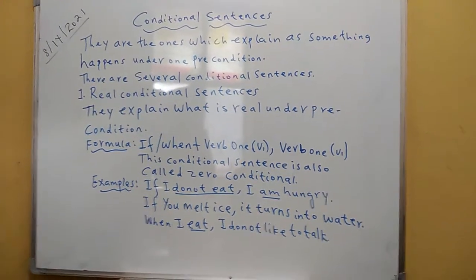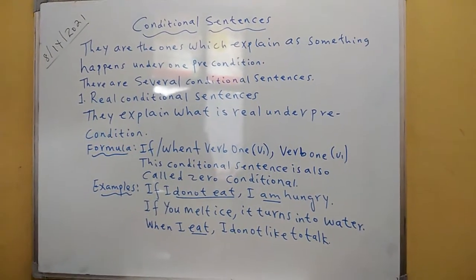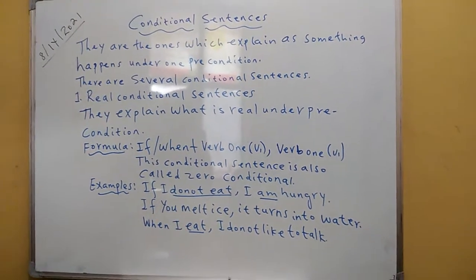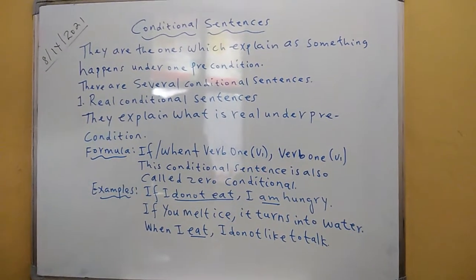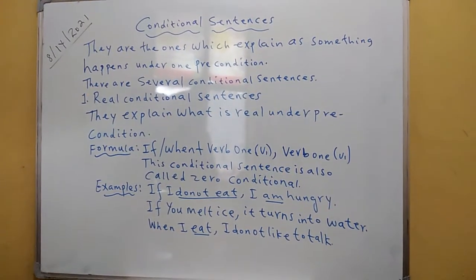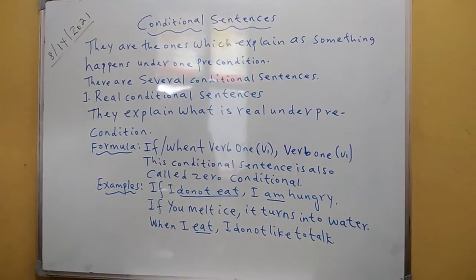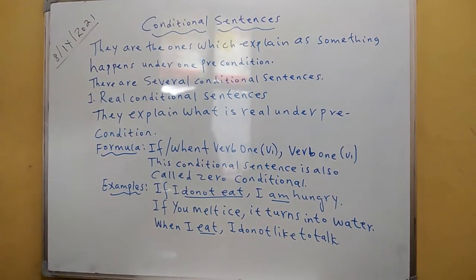So doing together depends on coming here. So there is one precondition, which is coming here, and then based on that we do it. So in general, conditional sentences are the ones which happen based on or under one precondition.